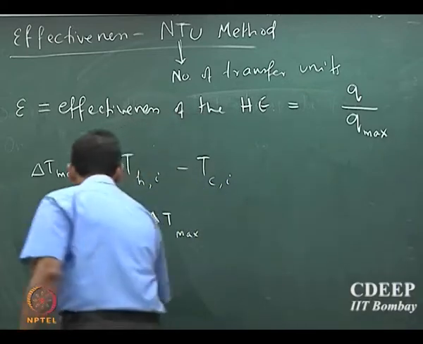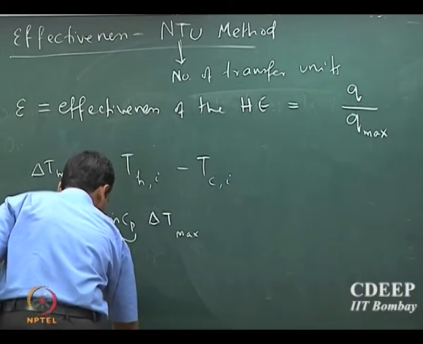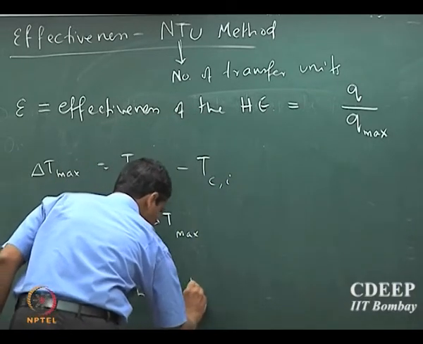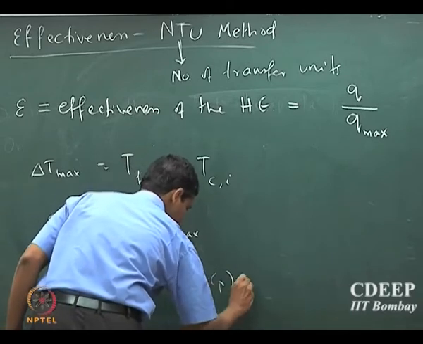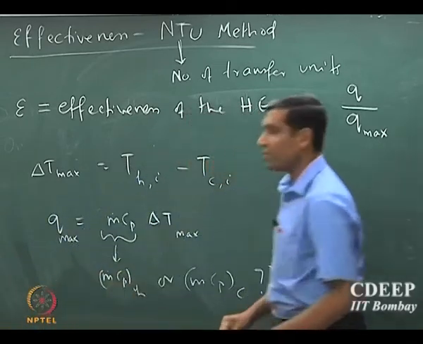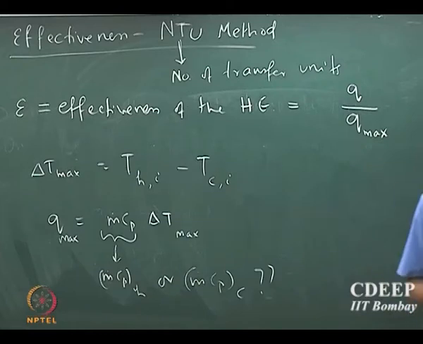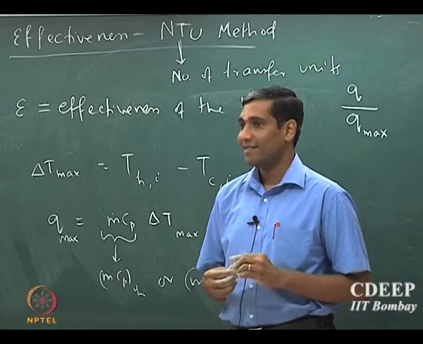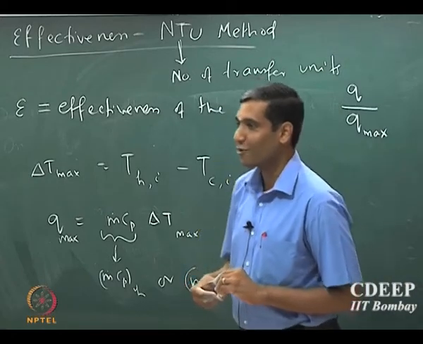See, we have two m dot Cp's here. We have m dot Cp of the hot fluid and m dot Cp of the cold fluid. Which one should we use to define the maximum heat transport rate? The one that is higher? Why? No, not really.